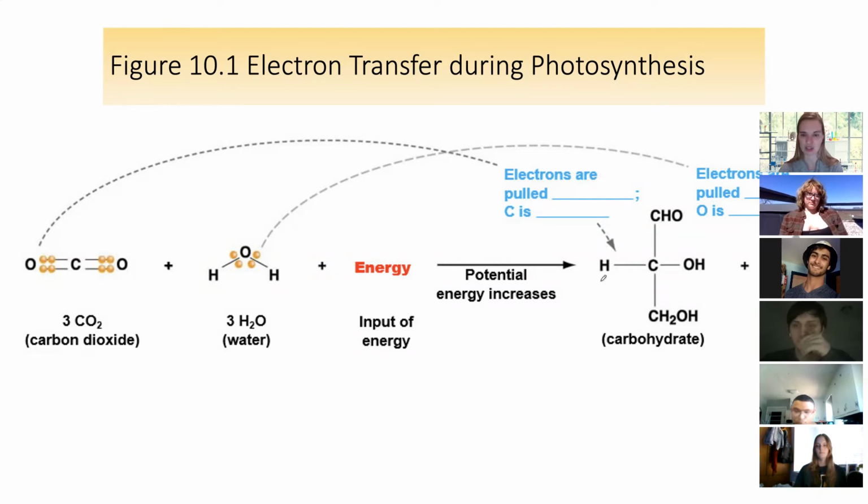But once it goes through this process and turns into a carbohydrate, we're going to see that these electrons, rather than being hogged by oxygen here, are going to be more equally shared, right?